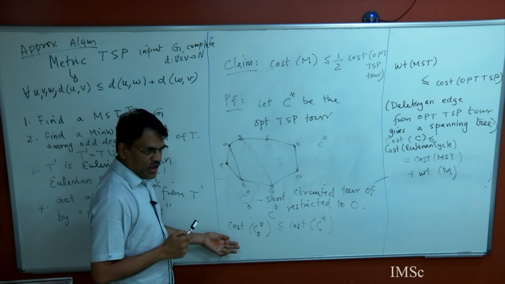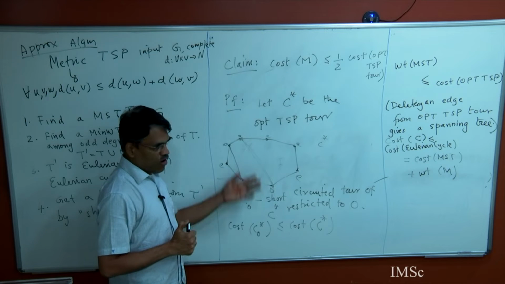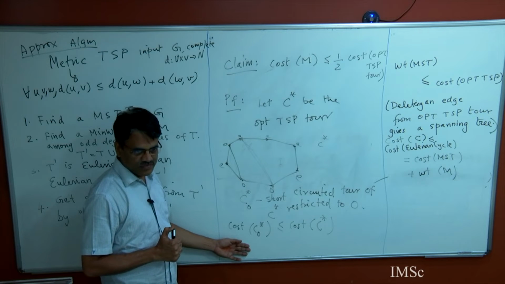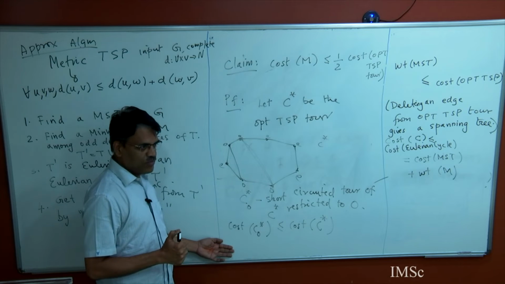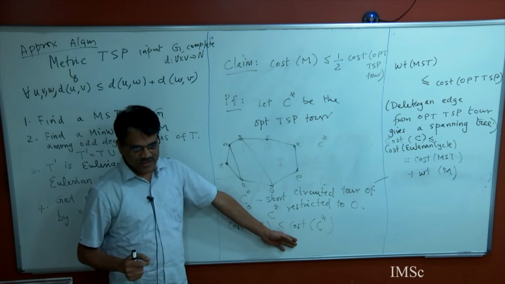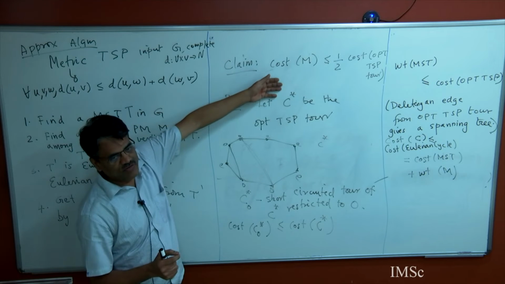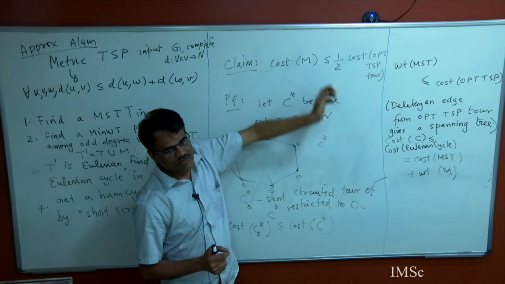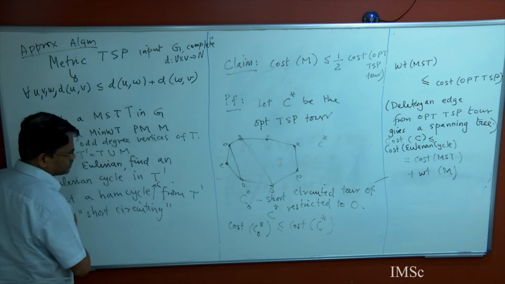So, this is the sum of two perfect matchings of odd degree vertices, which is equal to at most the cost of this. So, at least one of them must be at most half of this. So, the minimum weight perfect matching will be at most half of it. Okay. So, let me just write what I just said.